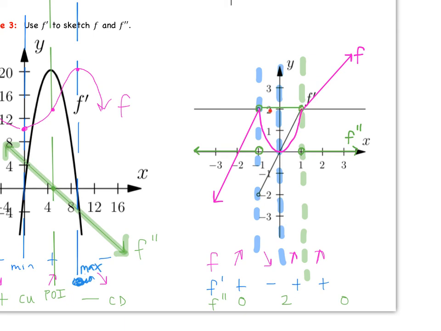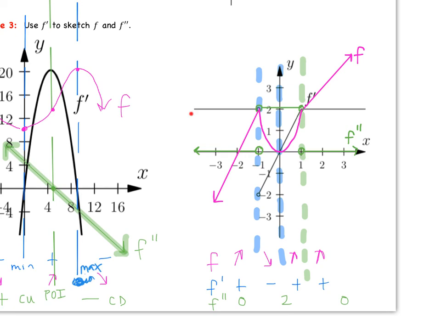So I know that f double prime is going to be a constant 2 from negative 1 to positive 1. And since f prime is a constant from 1 to infinity, I know f double prime will be 0. So that takes care of f double prime, but let's talk about what f is going to look like.